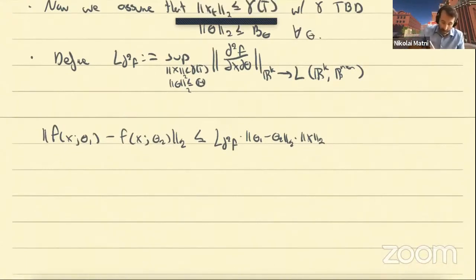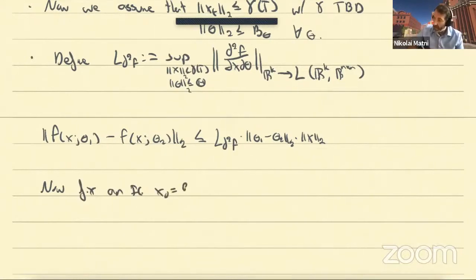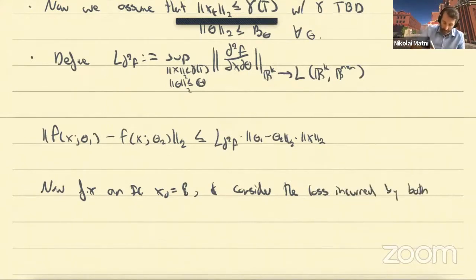Now we're going to fix an initial condition x0 equal to c and consider the loss incurred by both f of x theta 1 and f of x theta 2.